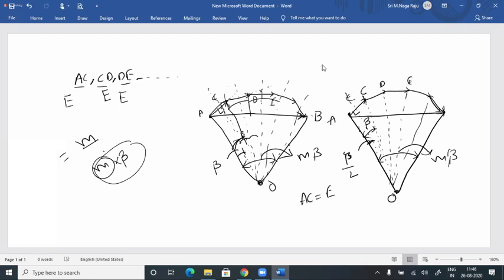Okay. Now, we can mark this point as G. Now take the right angle triangle OGA. From this right angle triangle AGO, what is AG in terms of OA?